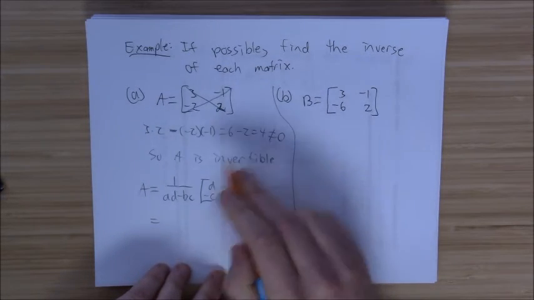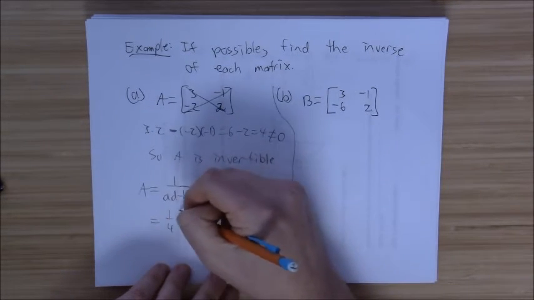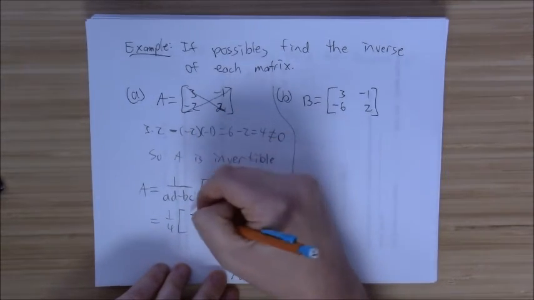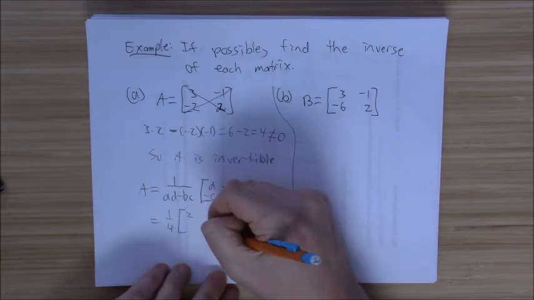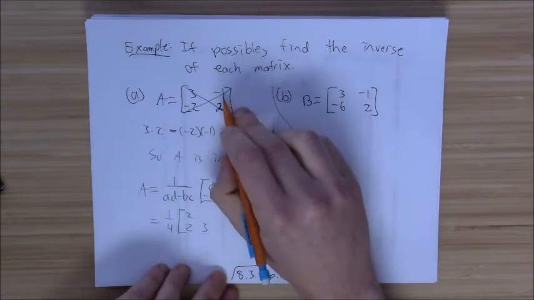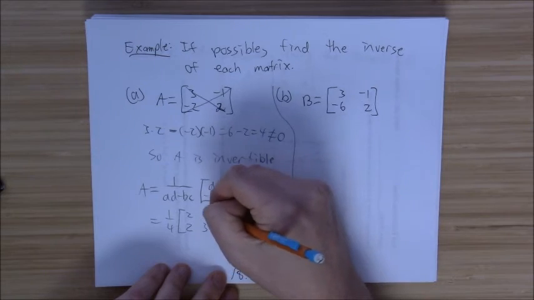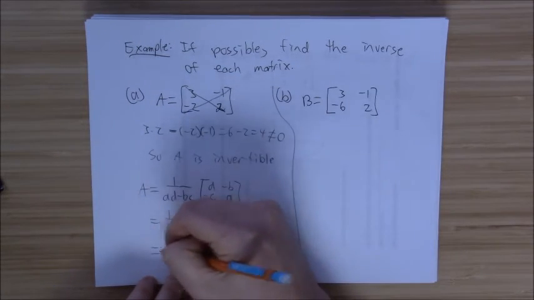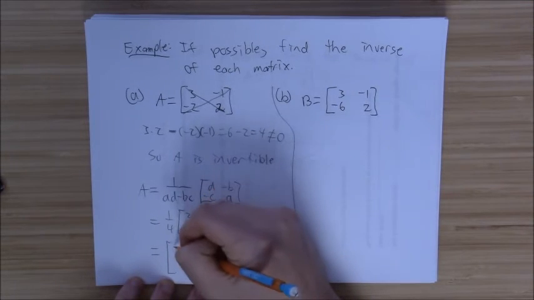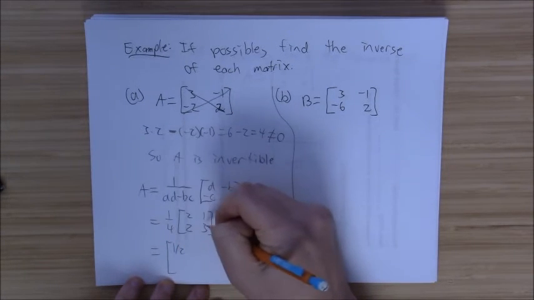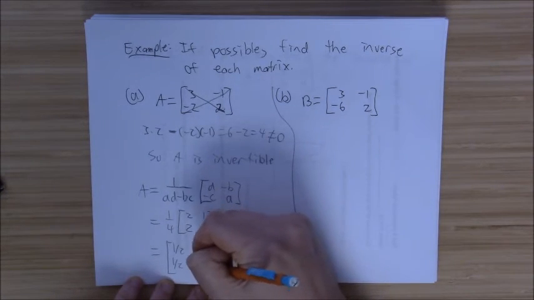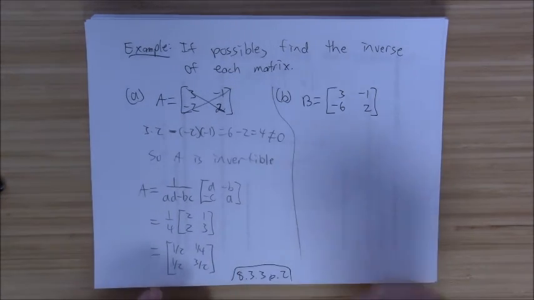Here we already calculated that as 4, so that's 1/4 times d gets moved there, a gets moved down, put a negative on c, you get positive 2, negative on negative 1 gives you positive 1. In other words, we have 1/2, 1/4, 1/2, 3/2 as the inverse.